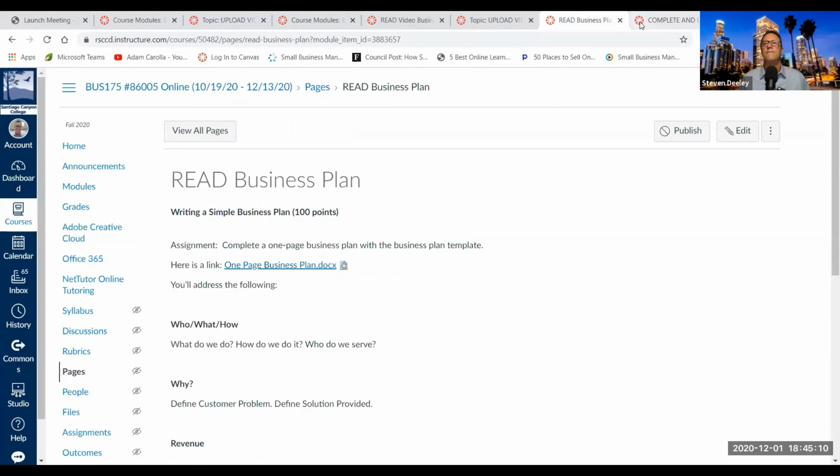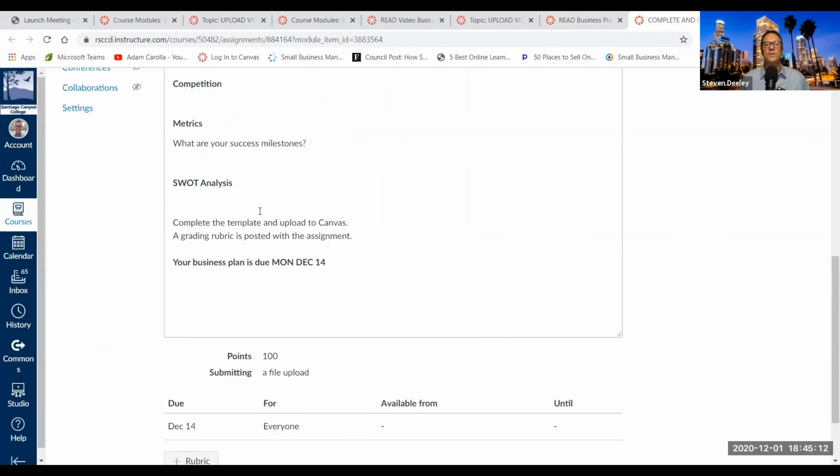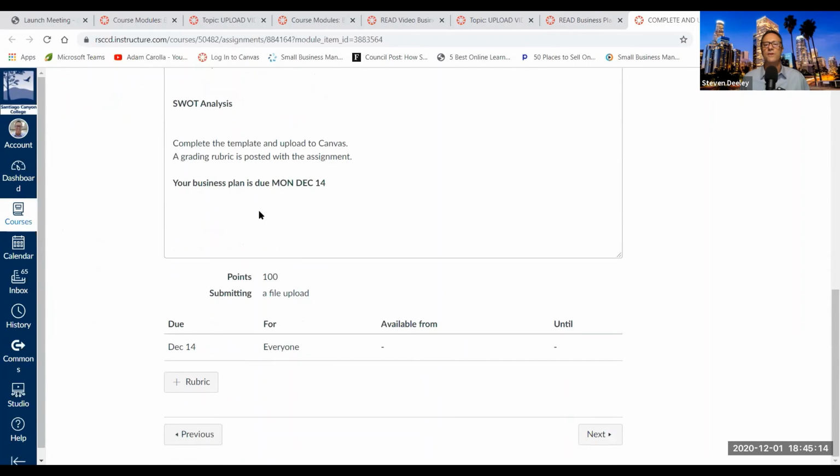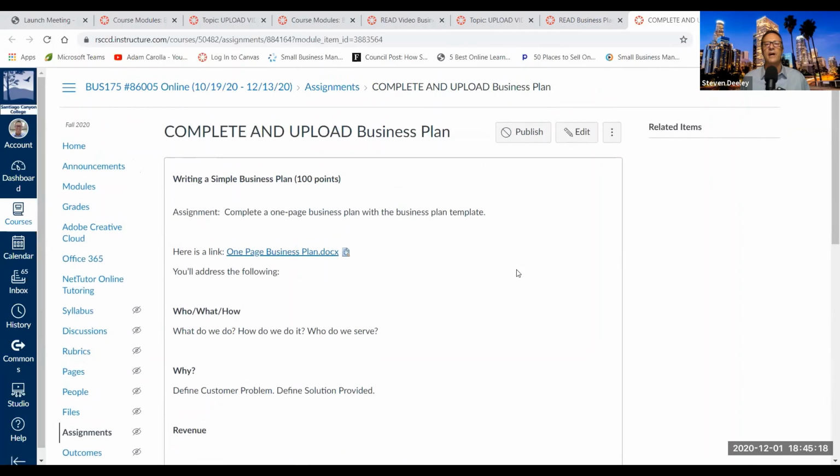It's a fillable Microsoft Word document, and you can just fill that in, save it with your name, probably business plan, something like that. And then when it's time for you to do the assignment, you just complete that and upload that to the assignment area.